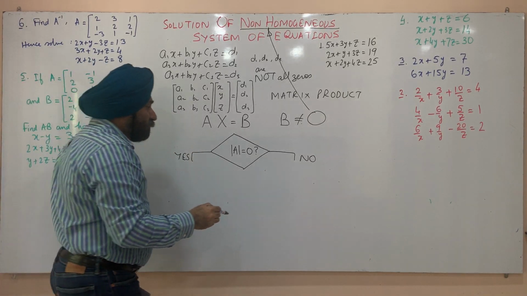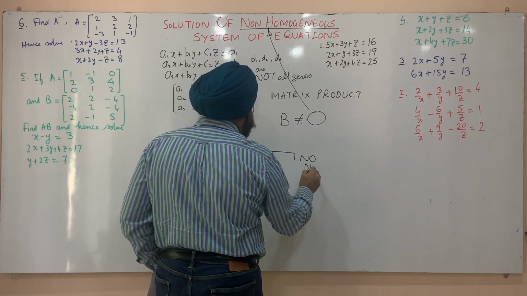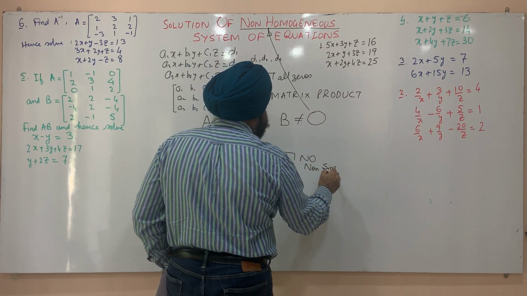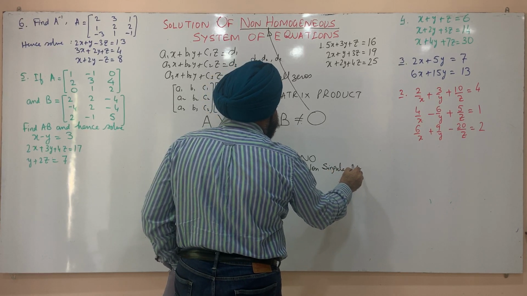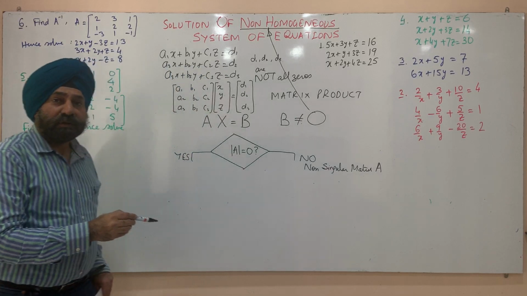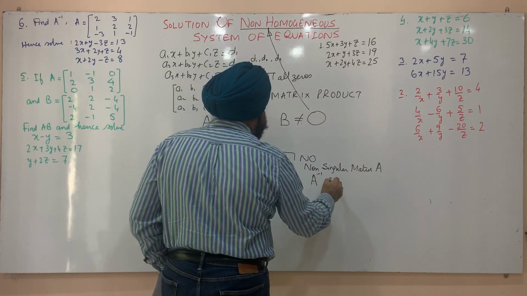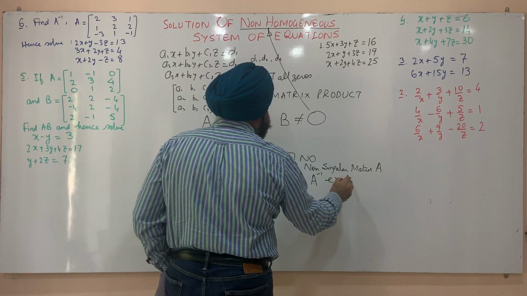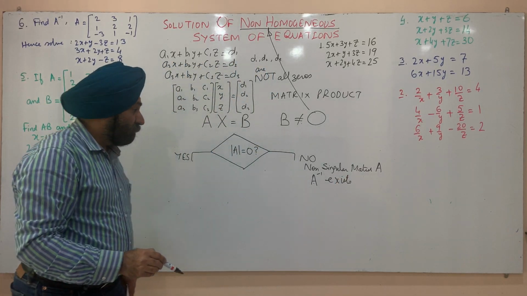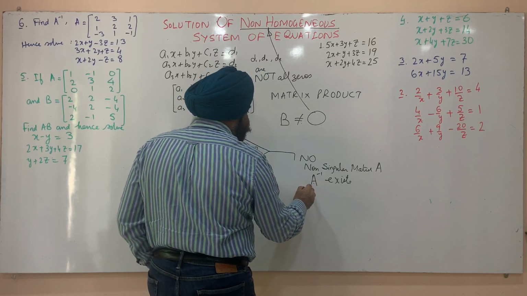If the answer is no, this means we have a non-singular matrix A. Non-singular matrix A means we'll be able to find A inverse. So A inverse exists. The system will have a unique solution.